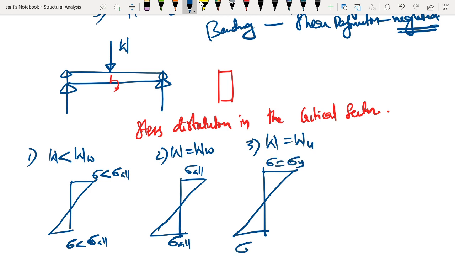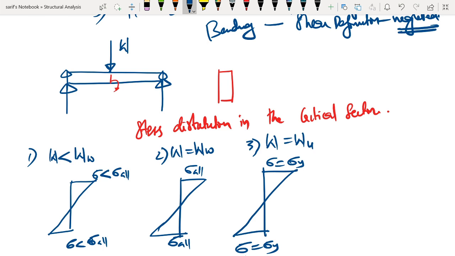So in elastic analysis, we assume that the structure fails when this situation has been reached. That is, when any point in the critical section reaches a stress equal to sigma y, we say that the structure has failed.